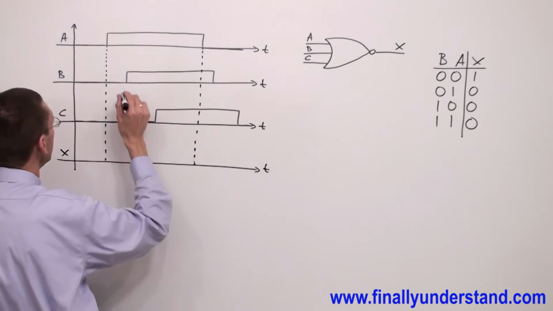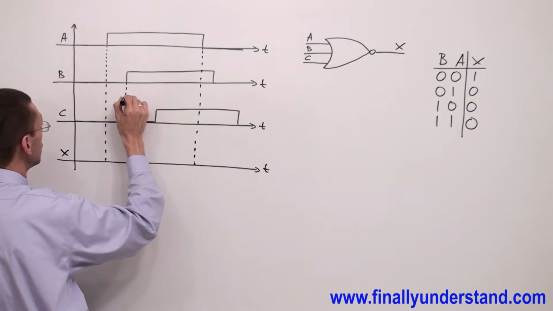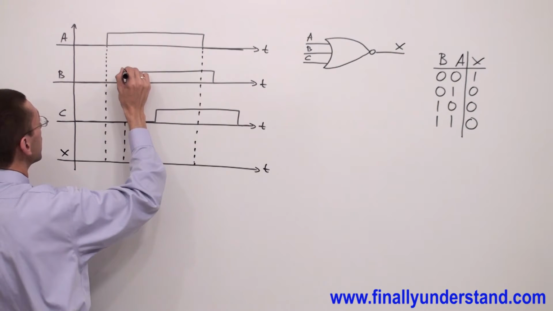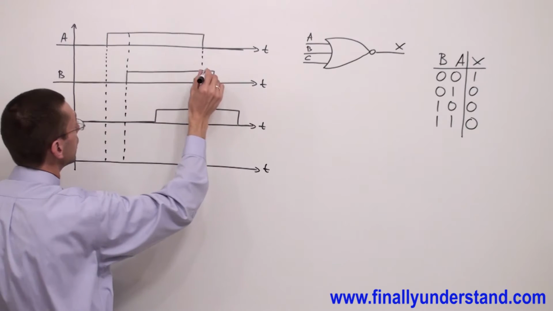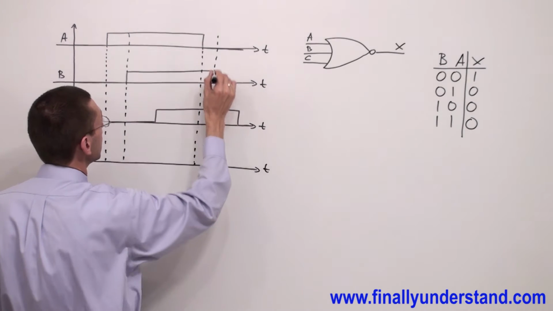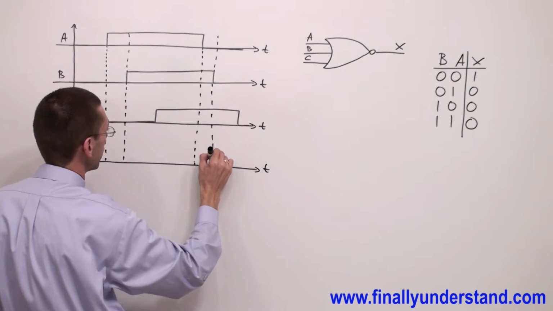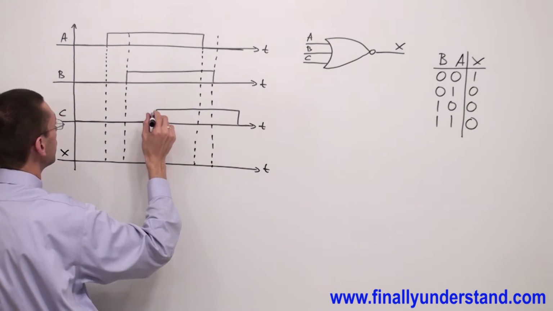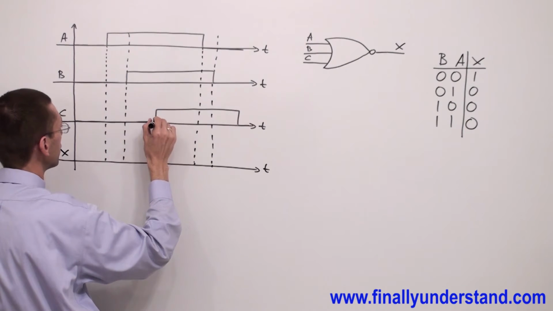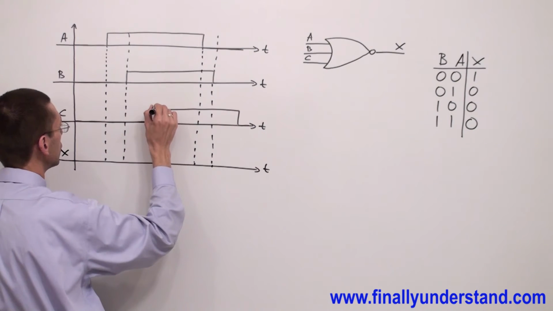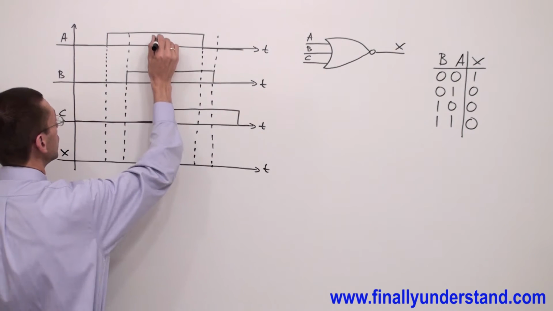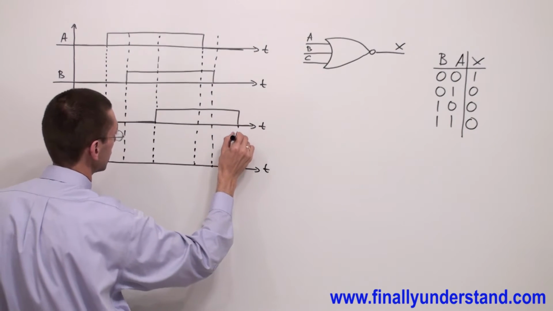Waveform B has also 2 transitions, like this. And we have waveform C, which has also 2 transitions.